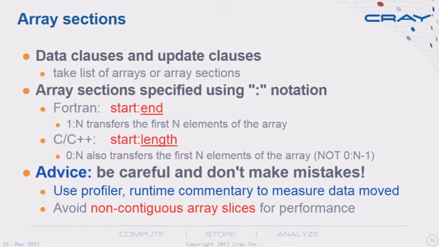You should also keep in mind that from a performance point of view it's usually much more efficient to have contiguous memory parts, so array slices, and non-contiguous array slices usually drastically reduce the performance.